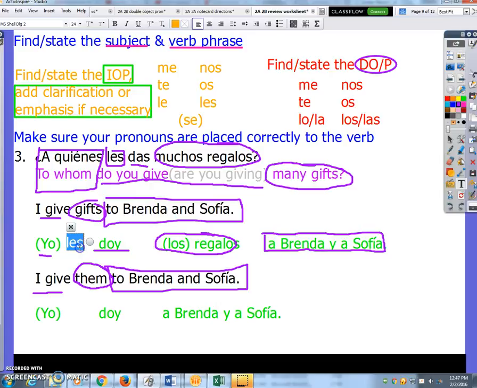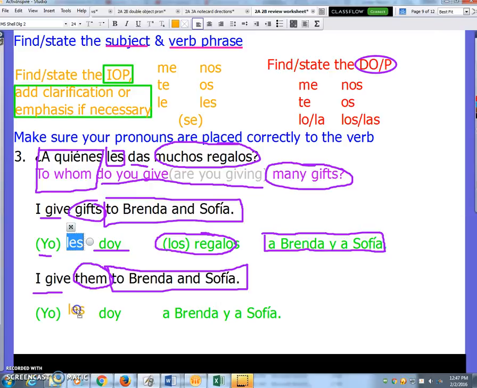So if something's being done to or for someone, I would need lace again. But this time I'm taking out gifts. If I want to say that gifts are being given, I need a DOP to replace regalos. Well, my DOP is going to be los, but you should be saying to yourself, well, profe, you can't lace los.